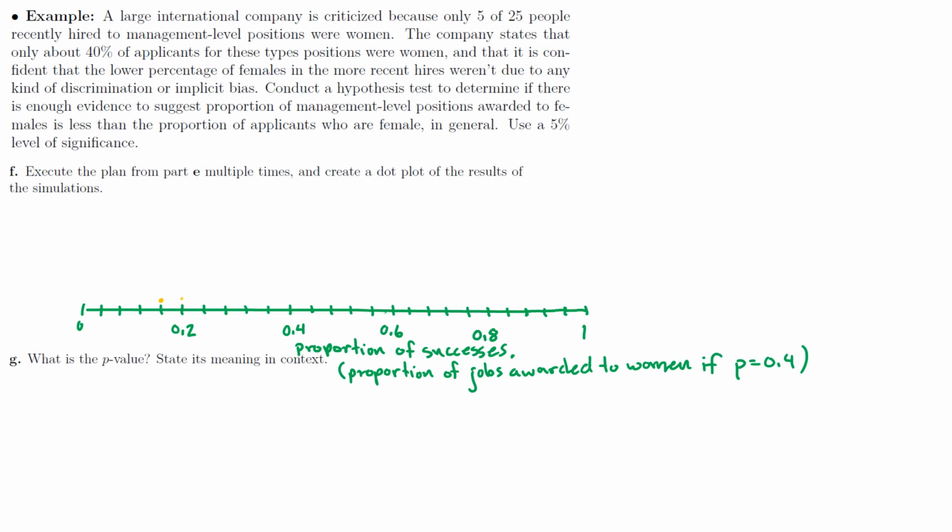We've got 1 dot at 0.20. We have 3 dots at 0.24. We have 8 dots. There we have 13 dots. Then we have 16 dots.